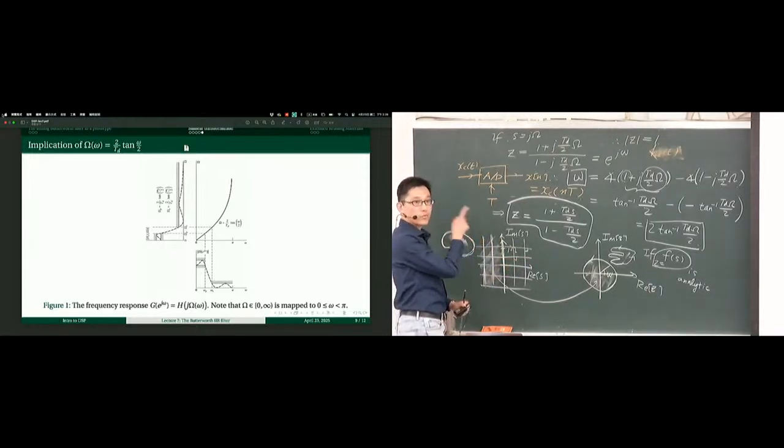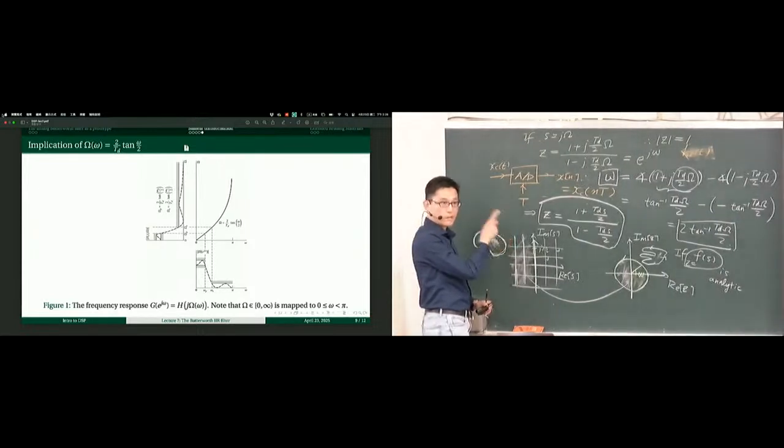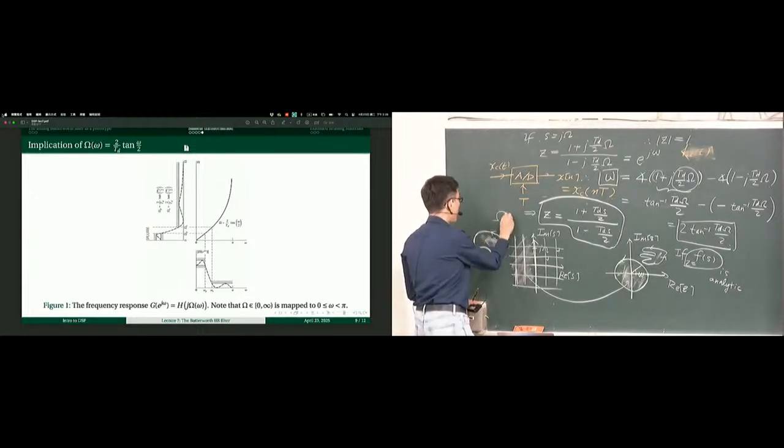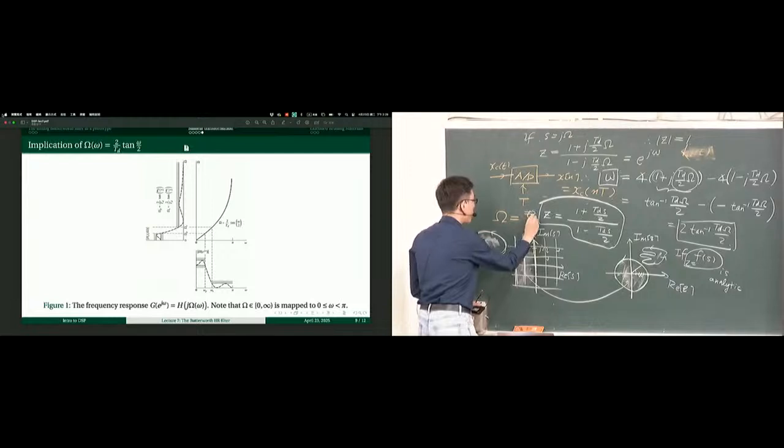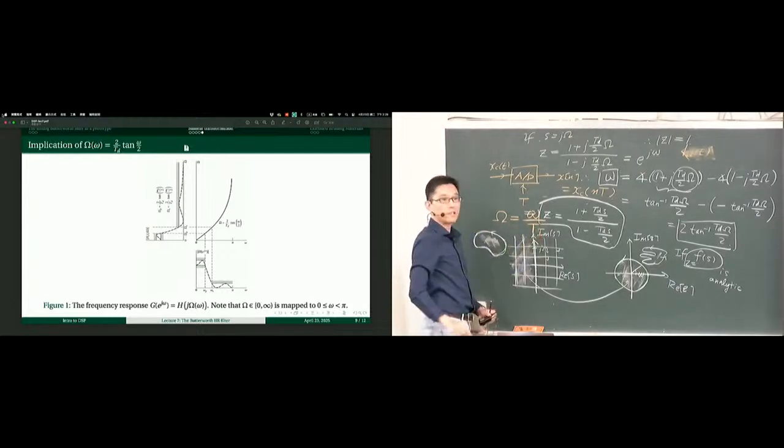There is a simple relation between big and small omega. Anybody remember what the relation is in this context? The relation is big omega equals small omega divided by T. That's when we talk about sampling a signal.